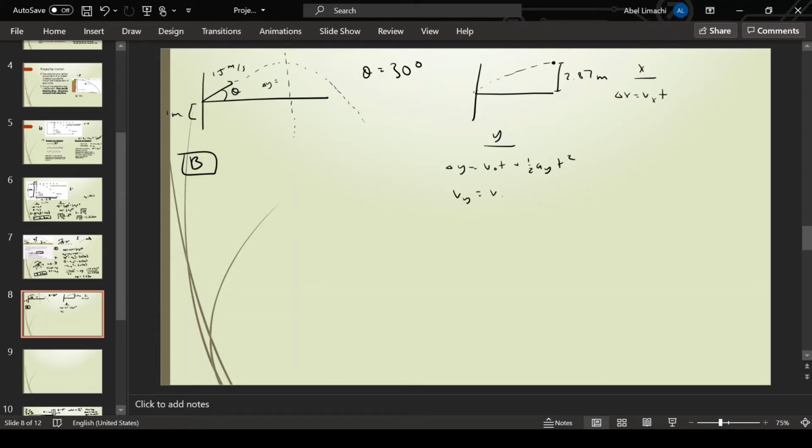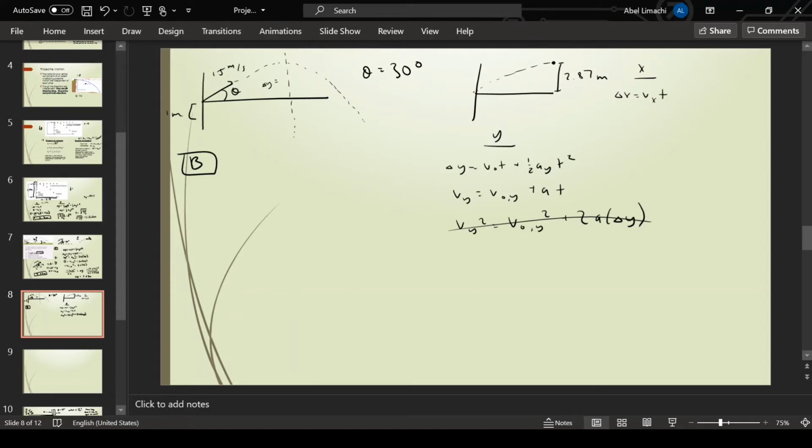Vy equals v initial y plus at. And then vy squared equals v initial y squared plus 2a delta y. Since we're looking for time, you can't use this one. It wouldn't really help us in this case.